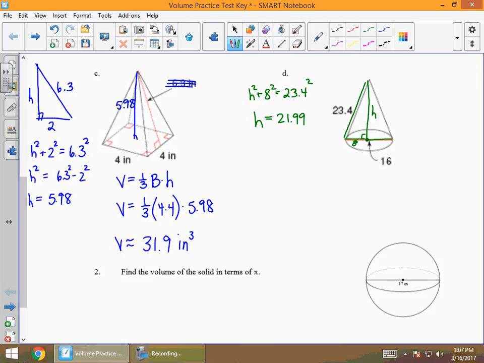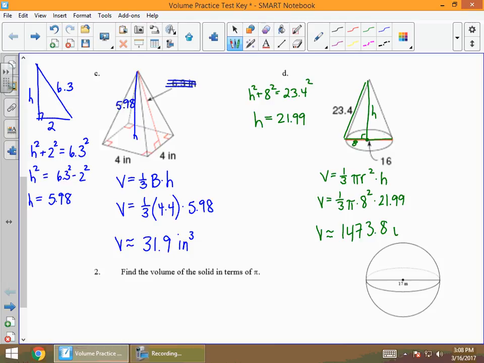So the volume of a cone, volume is 1/3 pi r squared h. So 1/3 pi times 8 squared times 21.99. And just typing all that into the calculator. 1473.8.